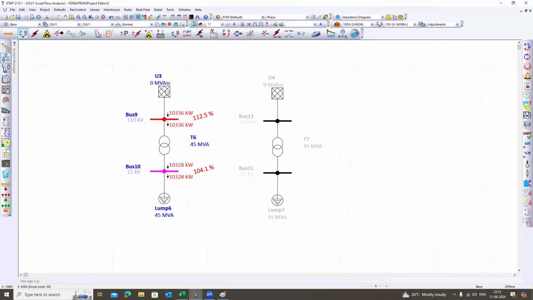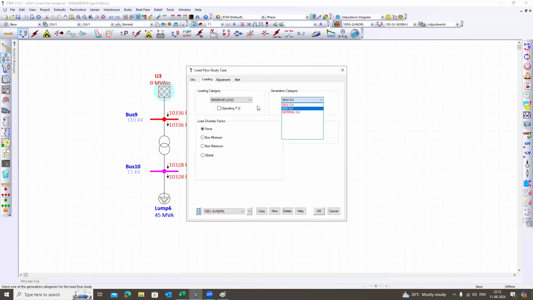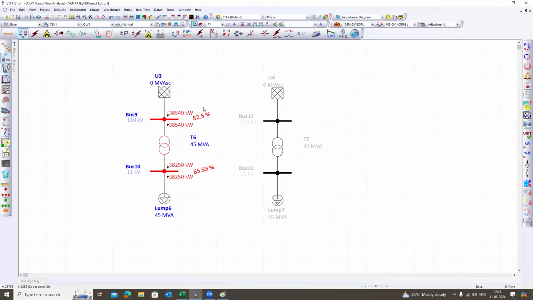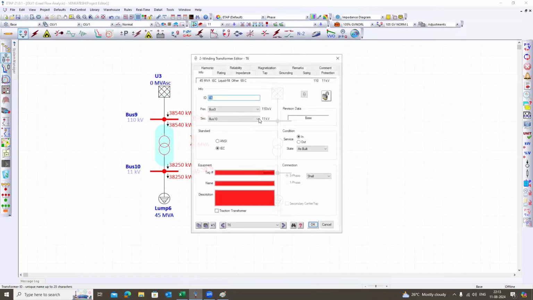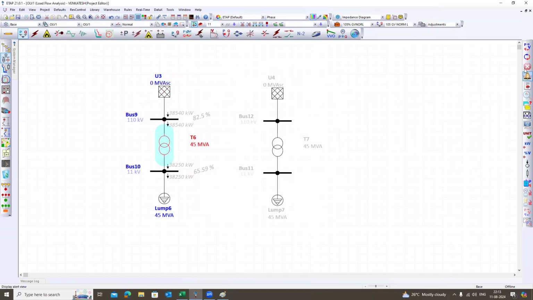Similarly, on the negative side, we have taken the minimum grid voltage and maximum load, and run the load flow. The tap is already 5%, so I bring the tap to 0. At the nominal tap, the voltage of this bus is 71.68.